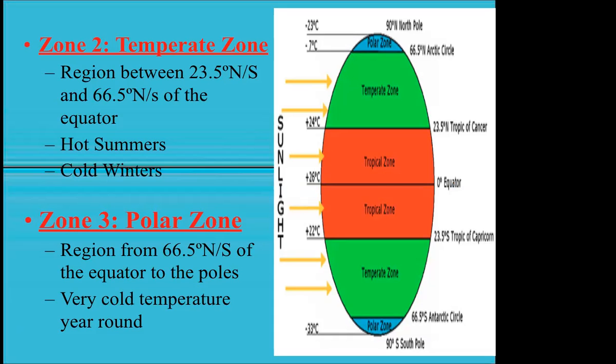These areas have hot summers and cold winters. Zone 3 is the polar zone. We've seen some of these terms already when we talked about air masses. The polar zone is the region that is also north or south of the equator, at the poles. So this is cold temperatures all year round.